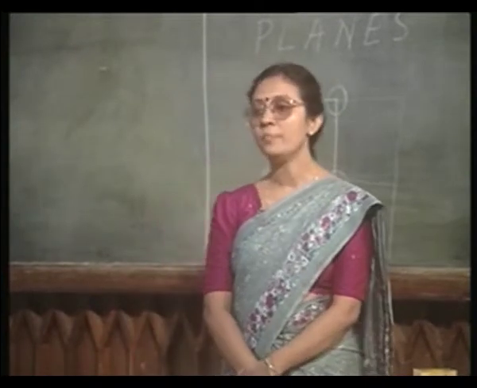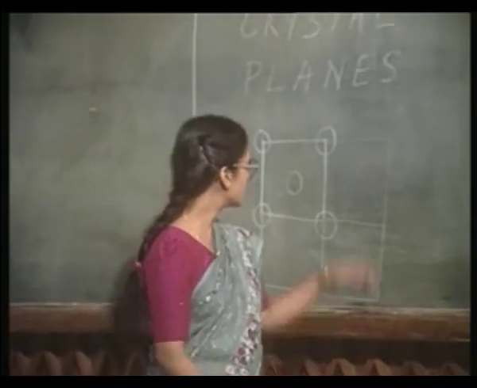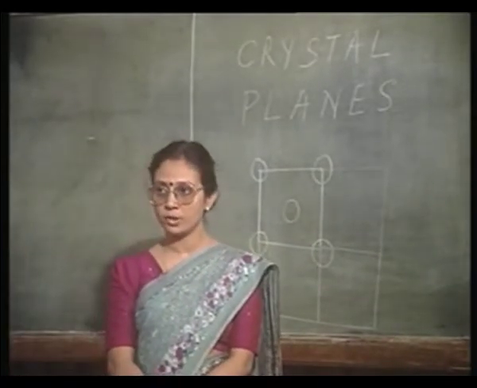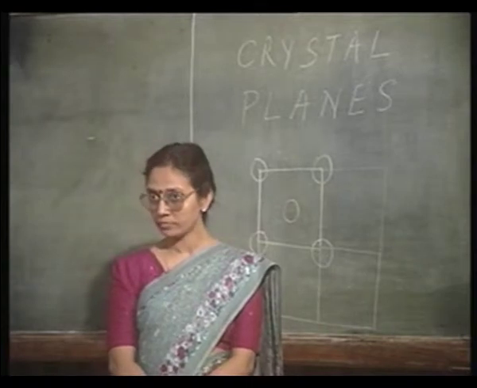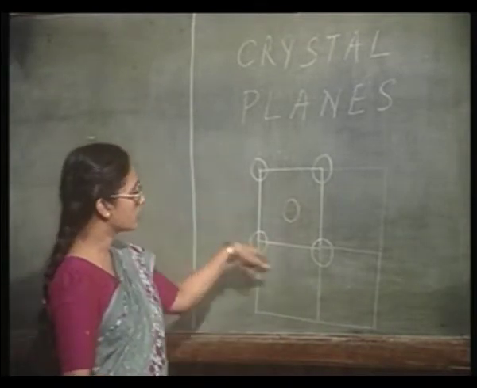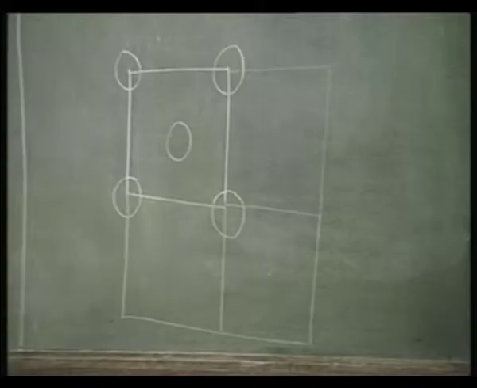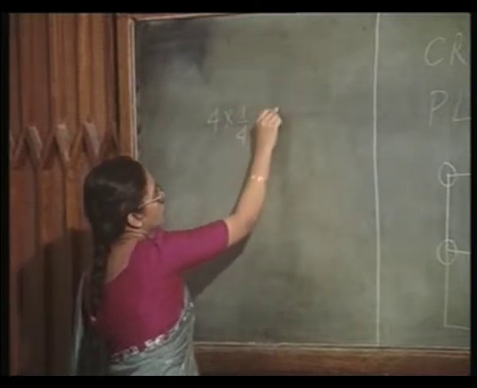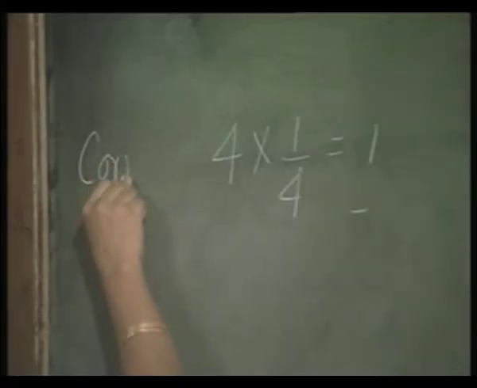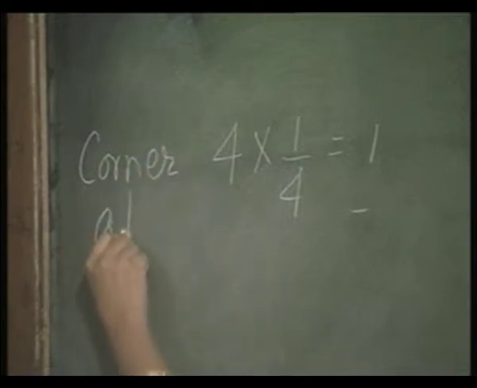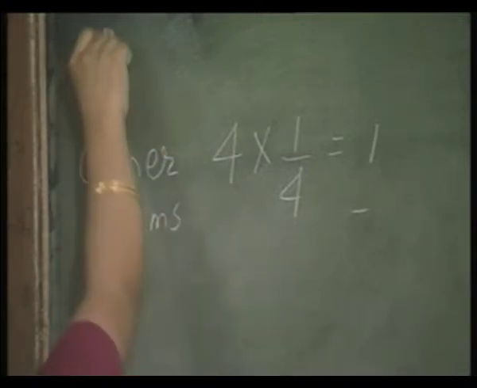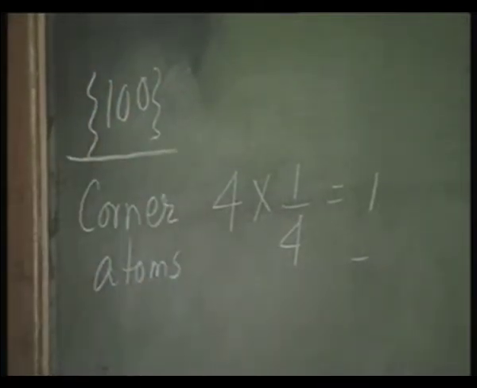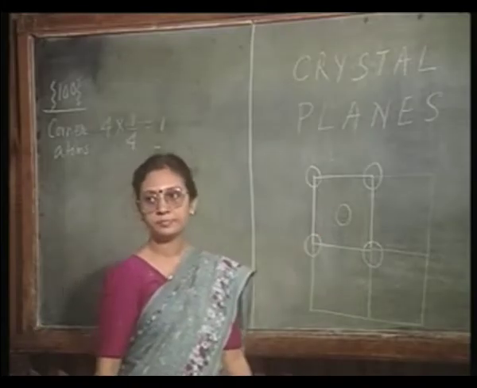So, the contribution of these corner atoms to one particular 1 0 0 plane is going to be 1/4. And since I have 4 such corner atoms, the total contribution is 4 into 1/4. This is the contribution of the corner atoms. What about the center atom?